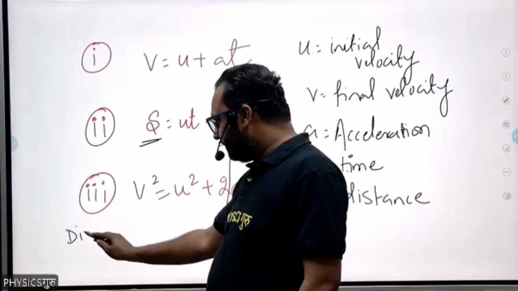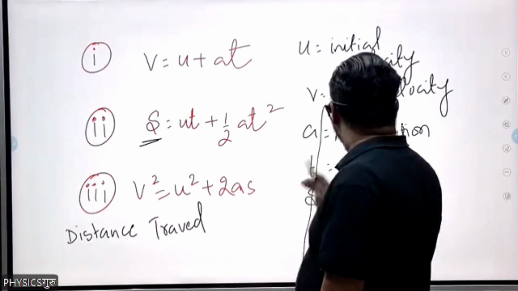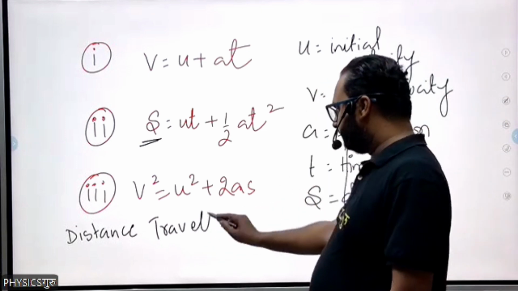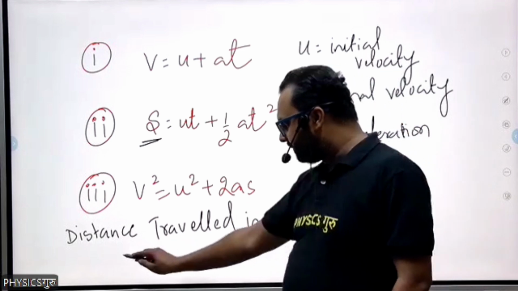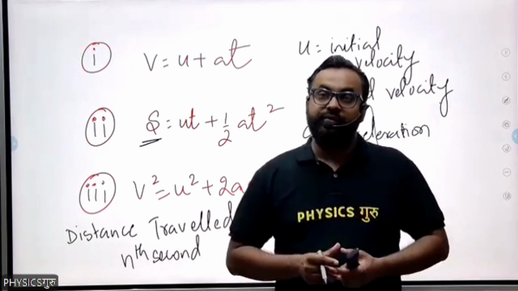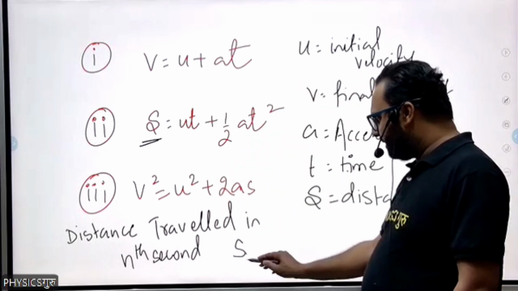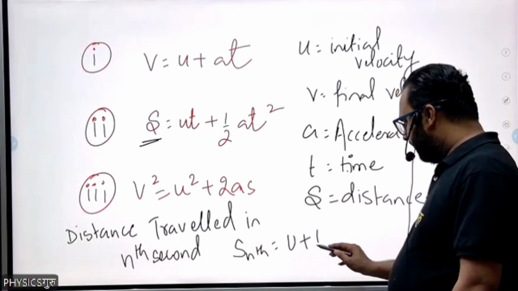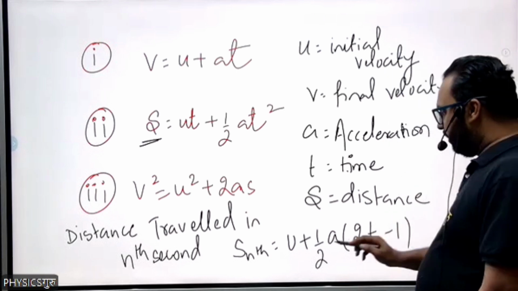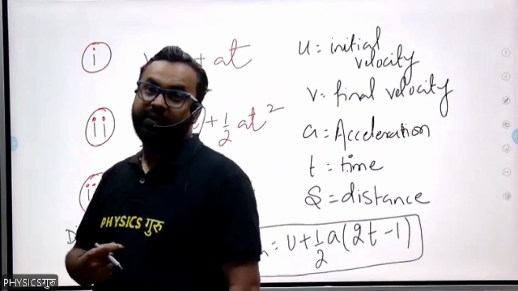So if in a problem they ask you to find the distance traveled in the fifth second or third second, we use this general formula: S nth is equal to u plus half a into (2n minus 1).